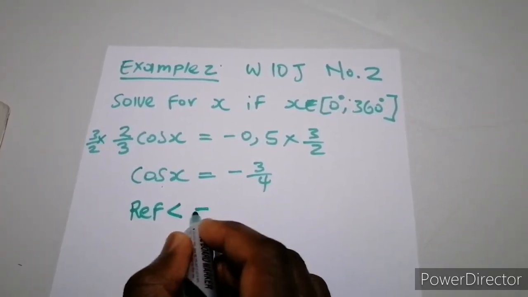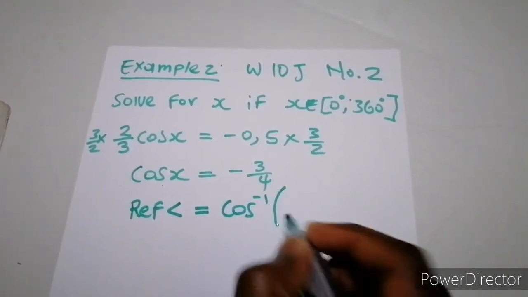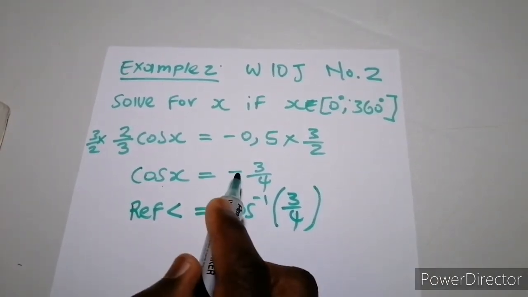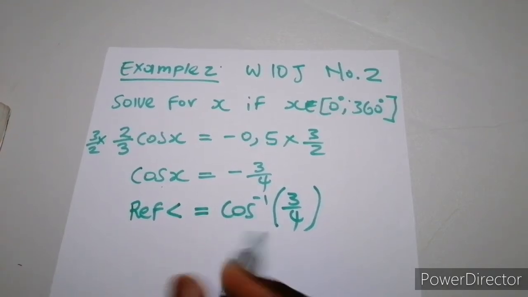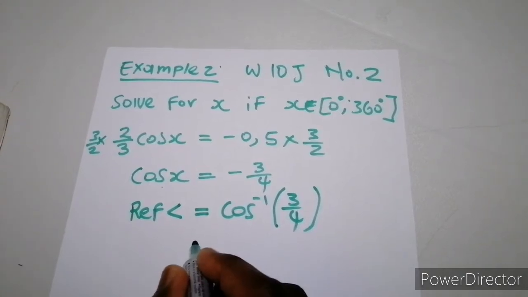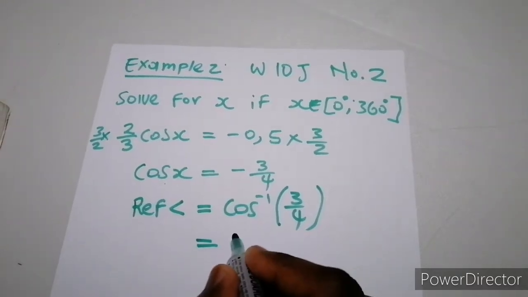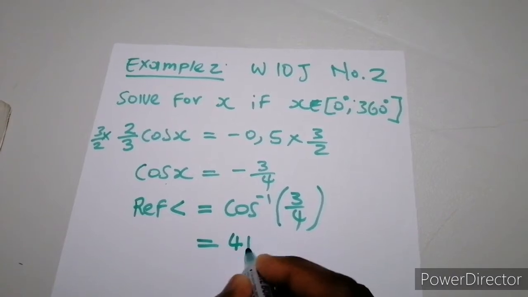The reference angle is equal to the cos inverse of positive 3 over 4, not negative. Remember, a reference angle is a positive acute angle. Don't ever use a negative for the reference angle. Press it on your calculator, and we always correct to two decimal places when it is not mentioned.